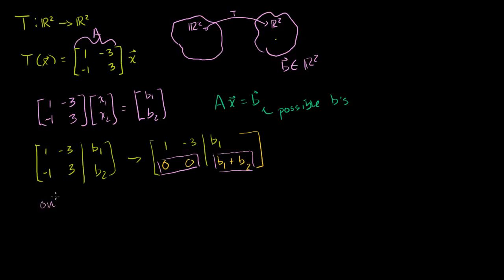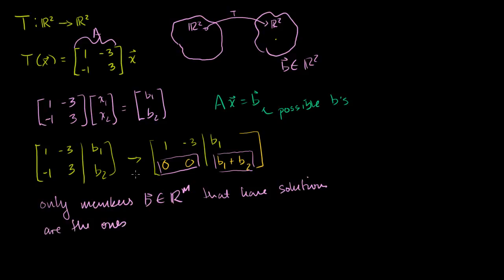So the only b's that are members of R2 that have solutions are the ones where, if you add up their two terms, so let's say b is equal to b1 and b2, the two terms added up have to be equal to 0. b1 plus b2 has to be equal to 0. Or another way you could write it is that b2 has to be equal to -b1.